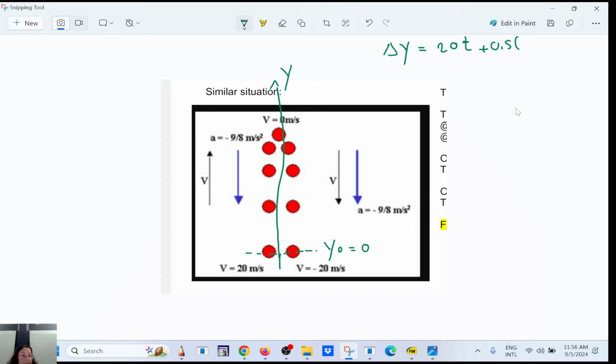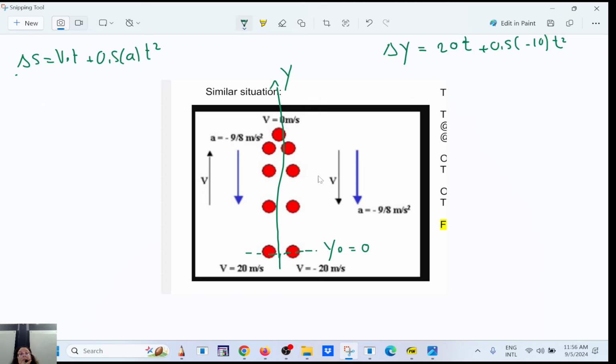Negative, right? Negative 9.8, and then t squared. Okay, so the equation for kinematics is delta S equals initial plus and so on. And that could be delta X or it could be delta Y.